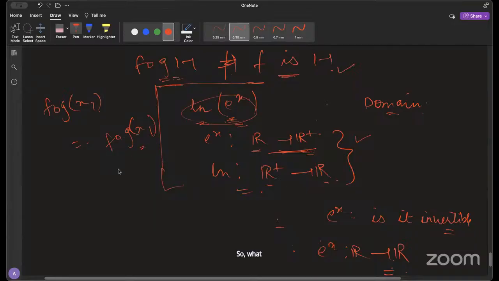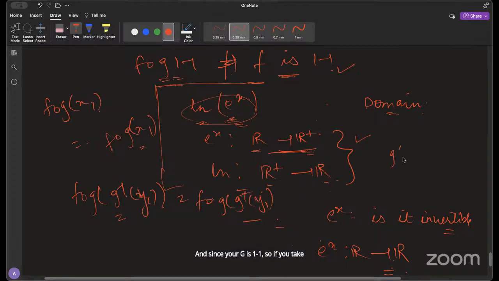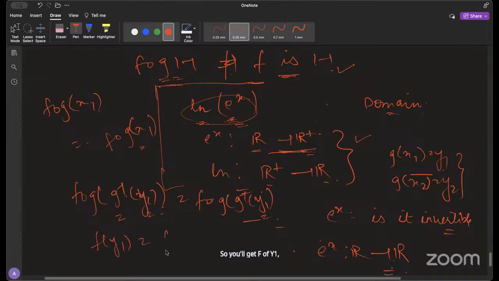So what you can do is apply f∘g to g inverse of y1. Since your g is 1-1, let's say g(x1) is y1 and g(x2) is y2. Even if you don't take it to be this one, it's still fine. So you'll get f of y1 the same as f of y2.